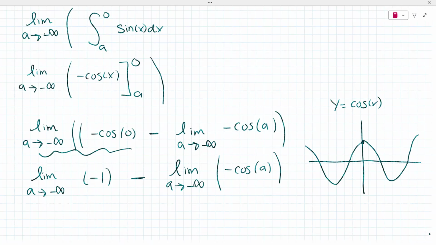Okay, so let's figure out what is the limit as a approaches negative infinity of -1? It doesn't matter what the x value is, it's still going to spit out -1, minus, and this is going to be negative cosine, where you replace a with negative infinity.